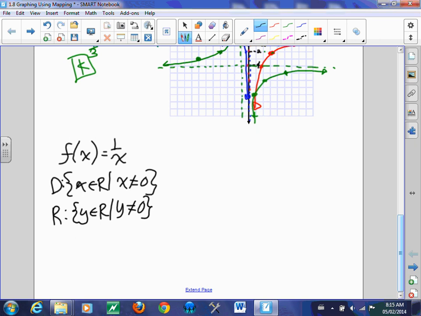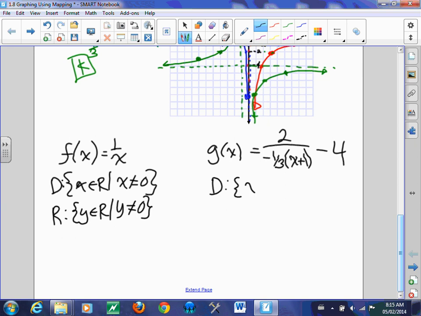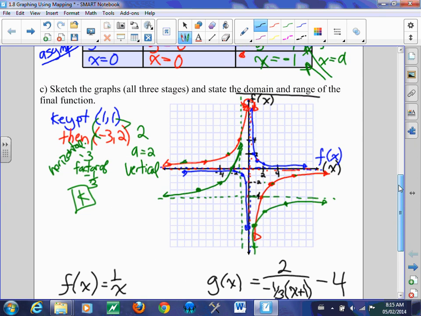Now if we take a look at our g of x, okay, which equals, just write it out here, 1/3 x plus 1. Okay, taking a look at that, ladies and gentlemen, we have to take a look at where our asymptotes have been affected. Okay, so if you remember, ladies and gentlemen, if you go up here, how our asymptotes get affected, it's right here.